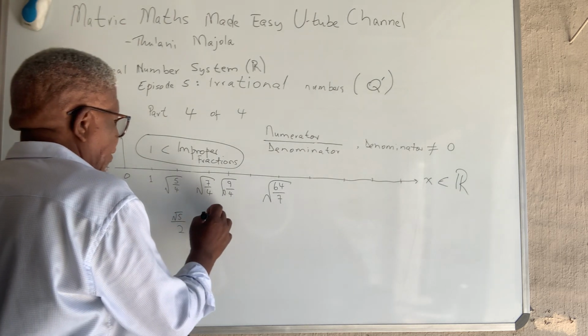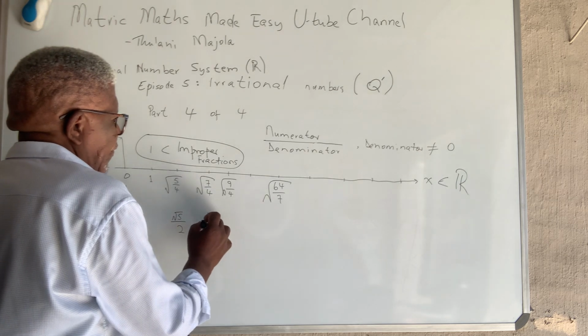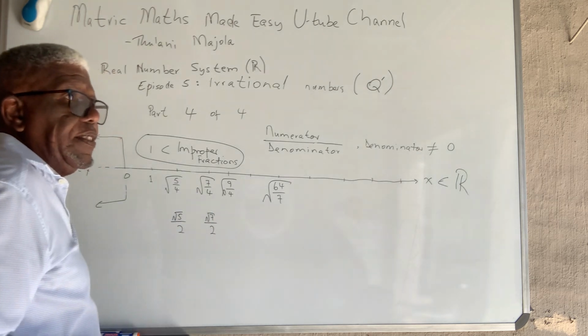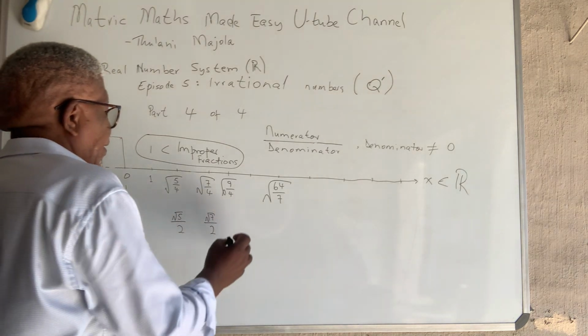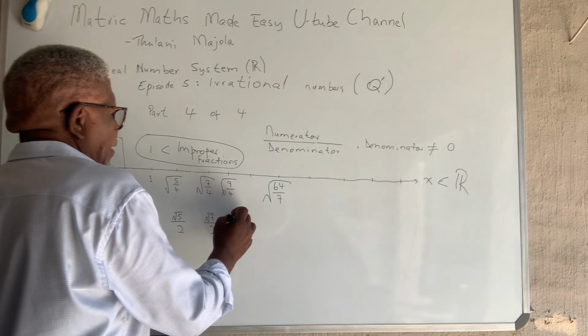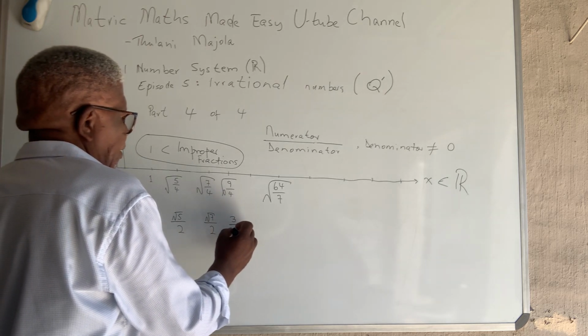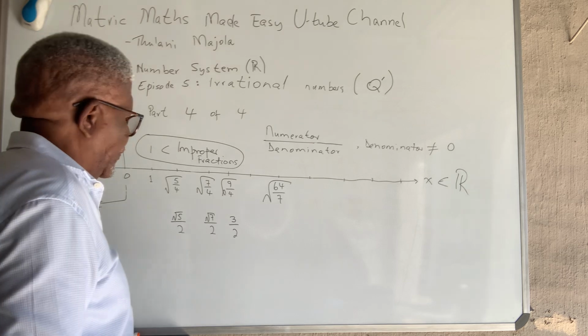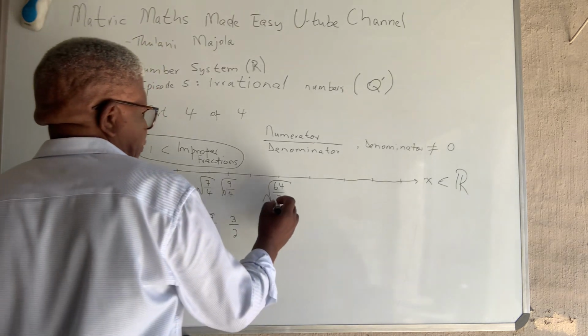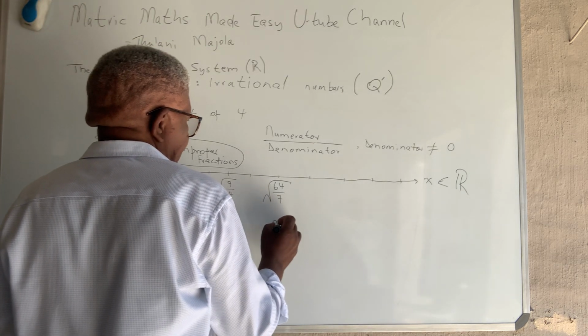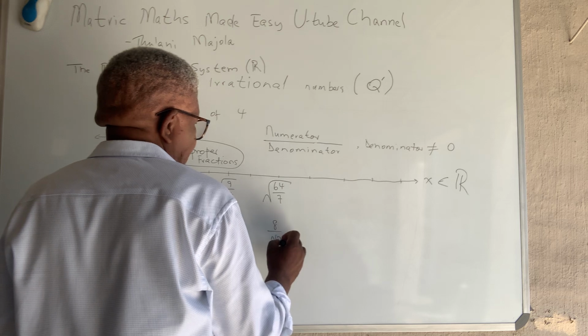Here, the square root of 7 divided by the square root of 4, which is 2. Here the square root of 9, which is 3, divided by the square root of 4, which is 2. And the square root of 64 is 8 over the square root of 7.